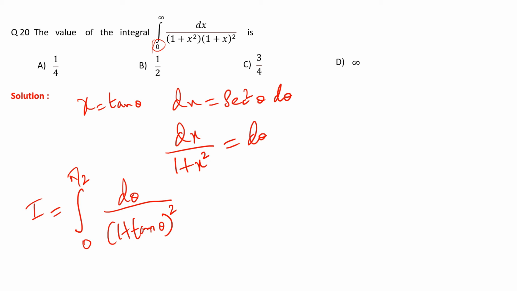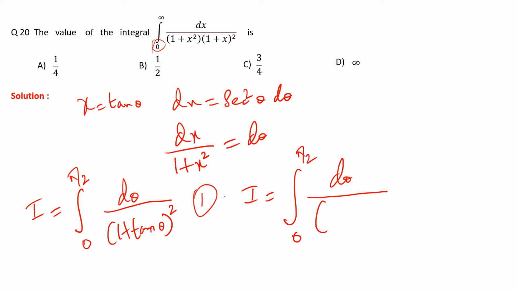Now what we should do after this? I am using the property integral 0 to a f(x) dx is equal to integral 0 to a f(a minus x) dx. So now suppose this is the first equation. Now I am writing I equal to integral 0 to pi by 2 d theta divided upon, it was 1 plus tan theta whole square.